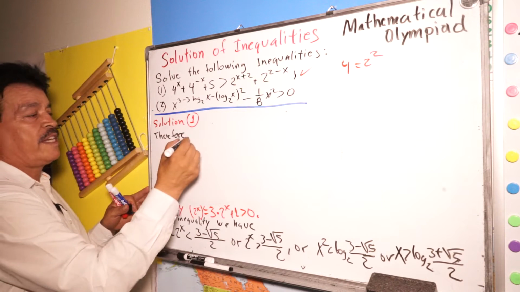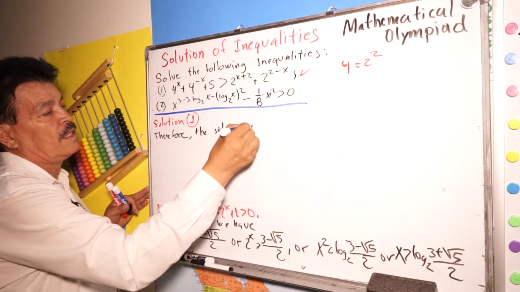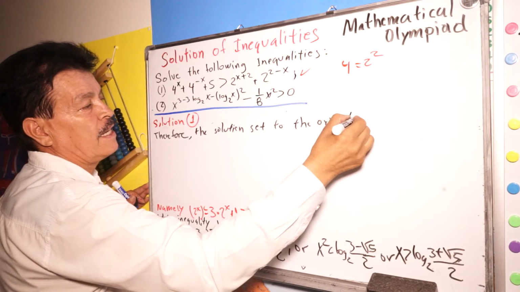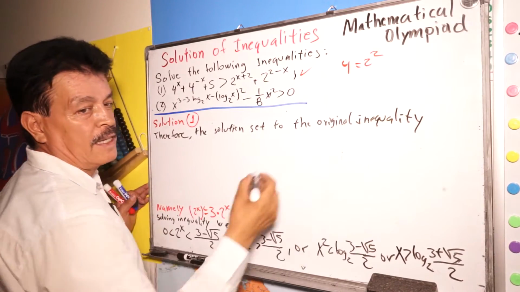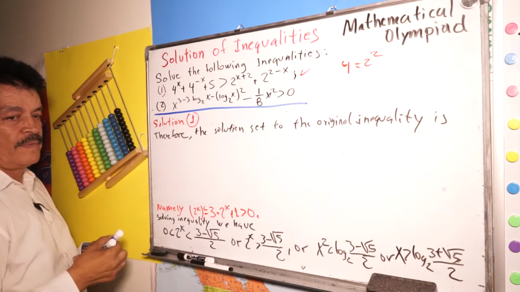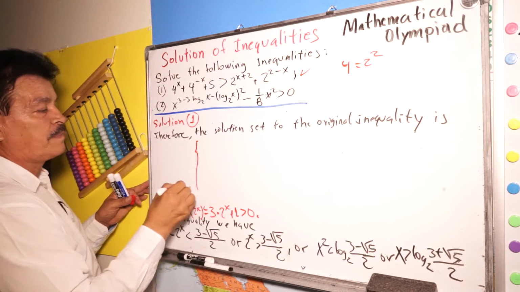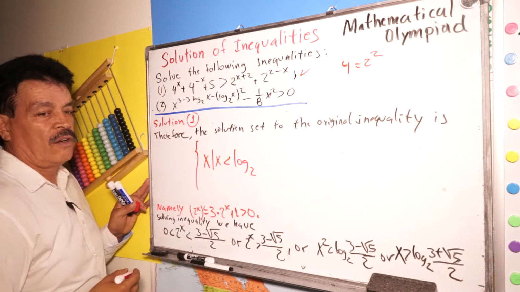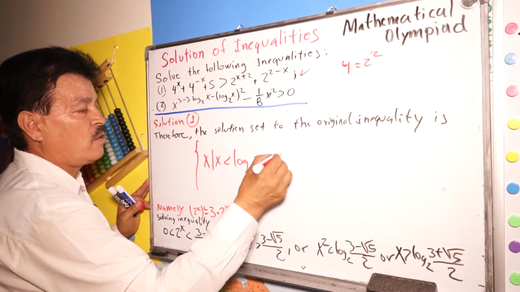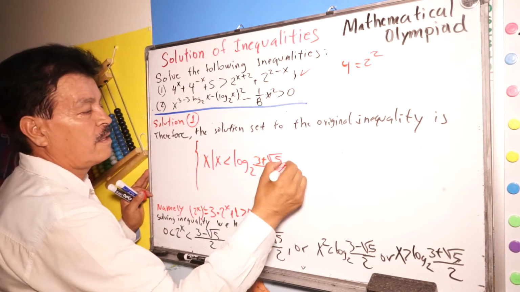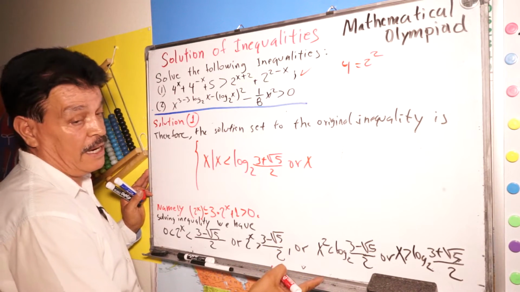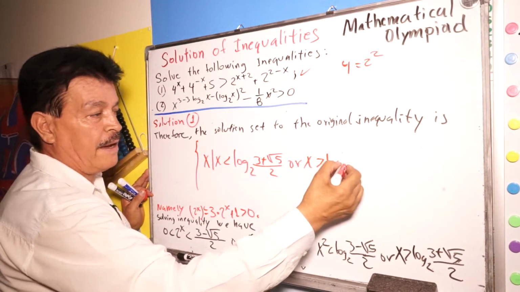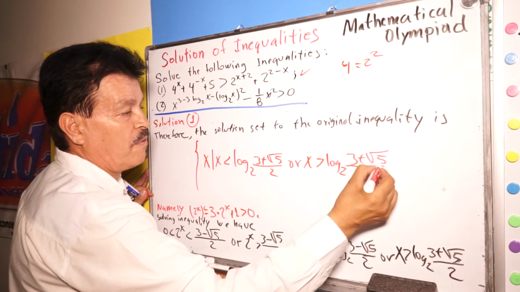The solution set to the original inequality is: all x such that x less than log 2 of 3 minus the square root of 5 divided by 2, or x greater than log 2 of 3 plus the square root of 5 divided by 2.